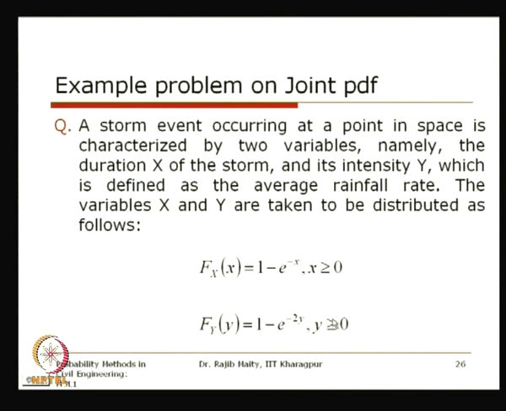Now, there is a problem on this joint PDF for the continuous case, but we will take it in our next lecture. So what we have seen in today's lecture is the concept of multiple random variables, and how we can extend our concept from the single random variable to multiple random variables.